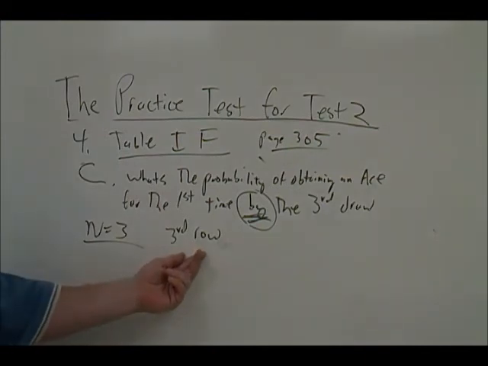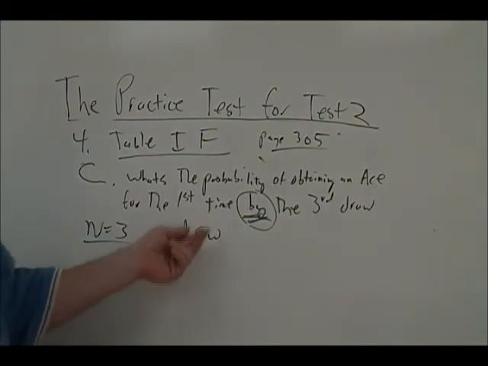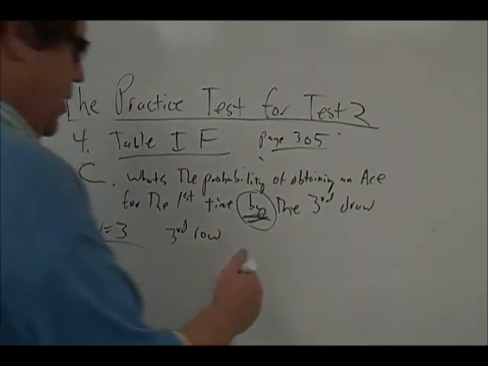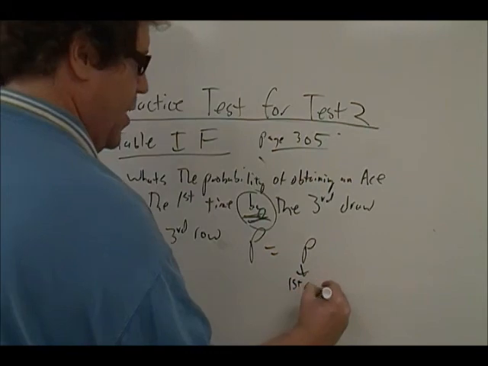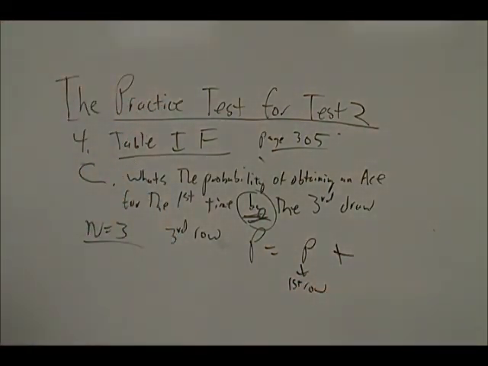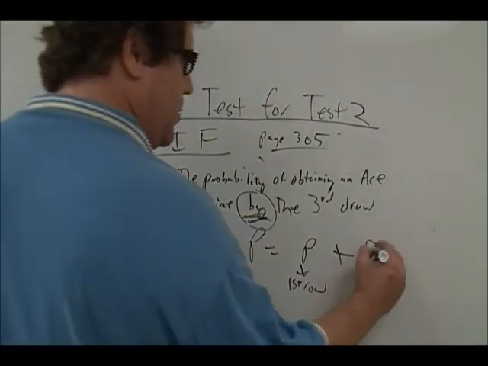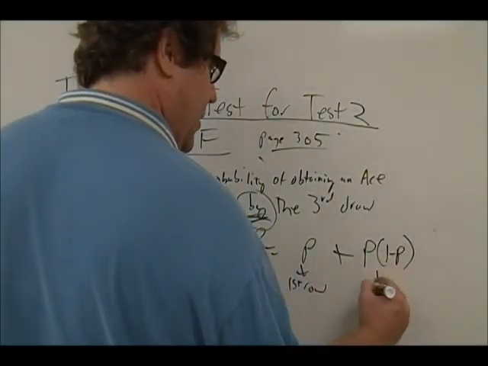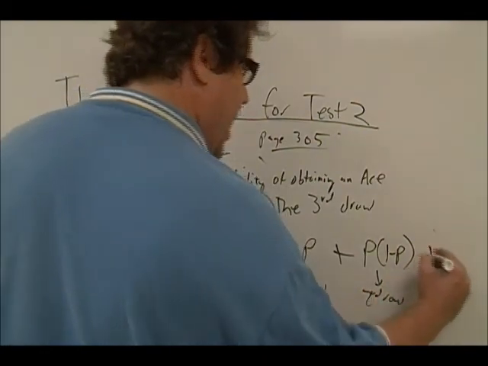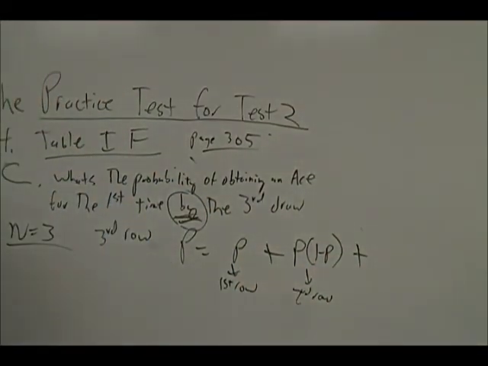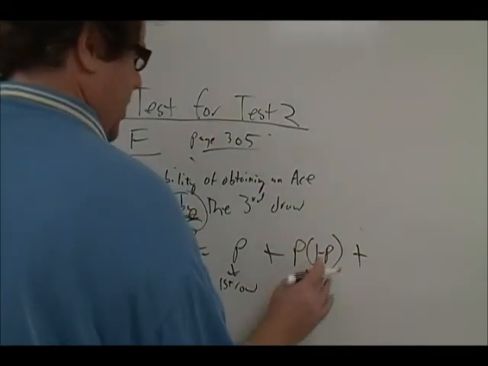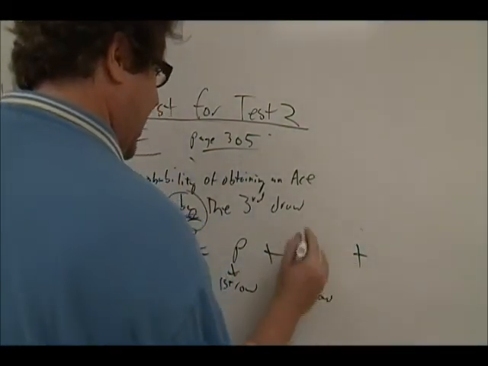It's the probability of getting your ace for the first time on the 1st draw, which is just p from the 1st row, plus the probability that you're going to get your ace for the first time on the 2nd draw, which from the 2nd row is p times (1 minus p), plus the probability, well, you could write it as (1 minus p) times p to be just like the table.